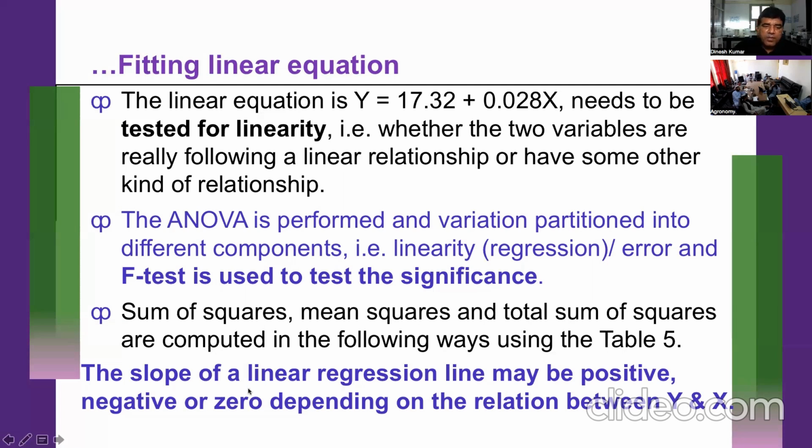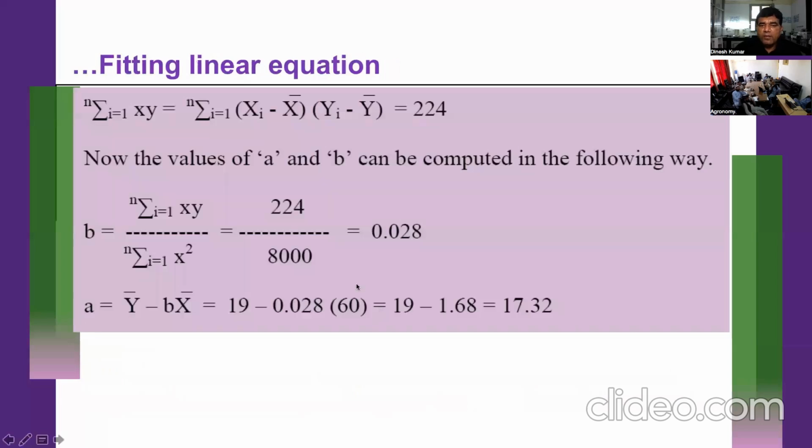The slope of a linear regression line may be positive, negative, or zero, depending on the relationship between them. Many times you will find the value of b negative also, but that is not an absolute minus. That is just telling us the direction of change. If the relationship is a negative correlation, one is increasing, the other is decreasing, then the sign will be minus.